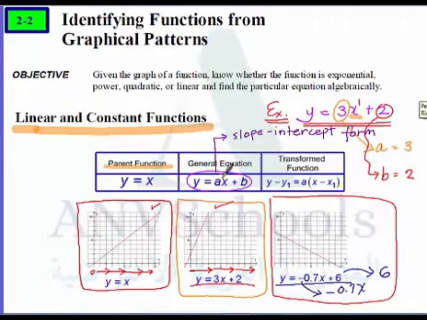So our a here is actually the slope, and b here is the y-intercept. It's the y-intercept, meaning that your function touches the y-axis. So this is your y-intercept, and we just have to determine the slope, which in this example is 3.